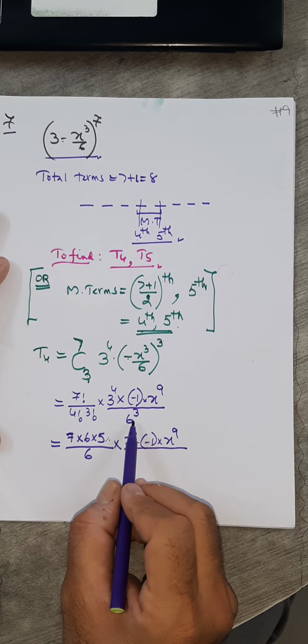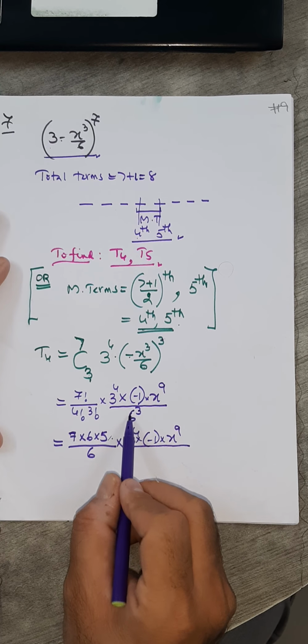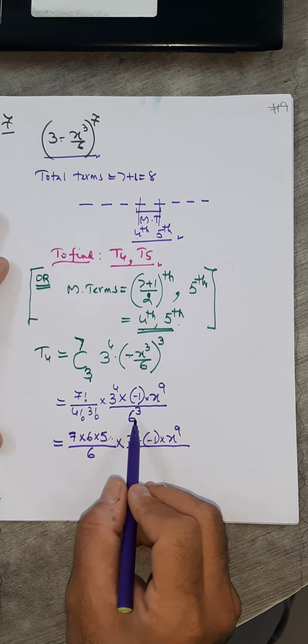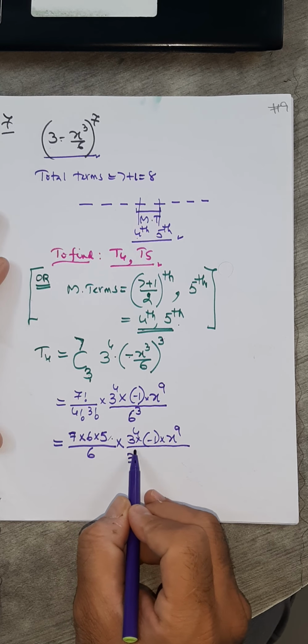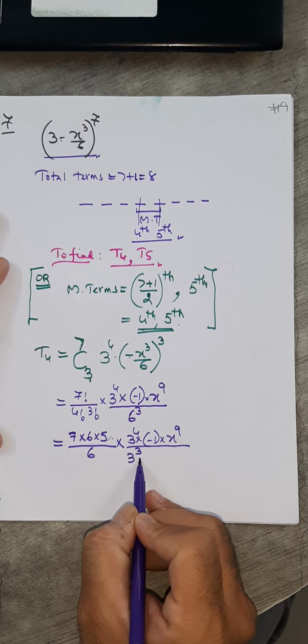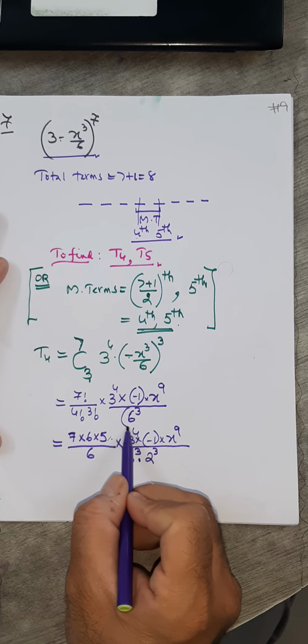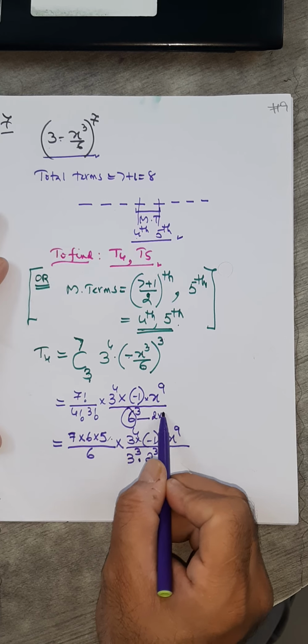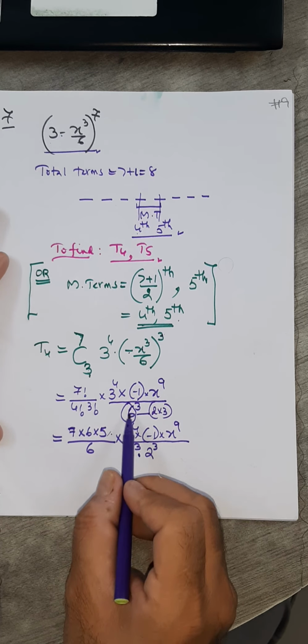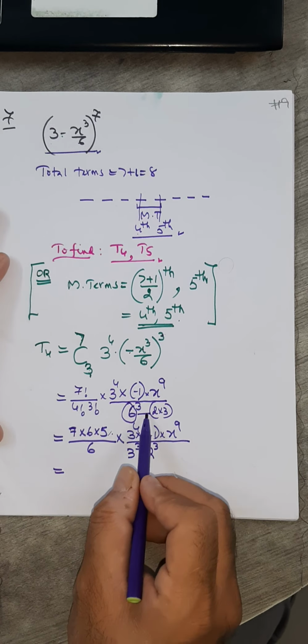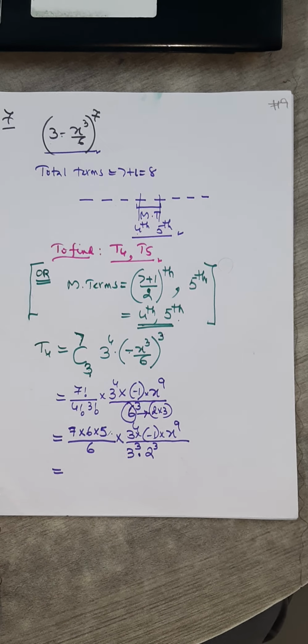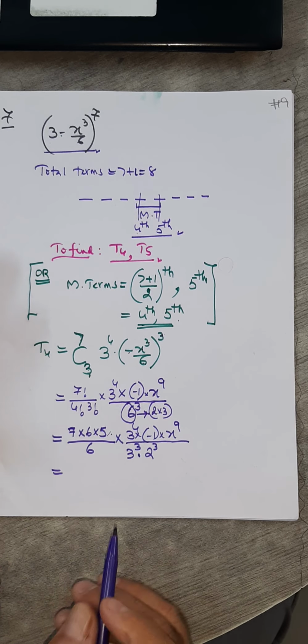This you can write as what? 6 is 3 into 2. So you can write 3 raised to 3 into 2 raised to 3. What I did, instead of 6, I wrote 2 into 3. Or you can write the value of 6 raised to 3 directly, whichever way you do. That's not important, but you need to just simplify.